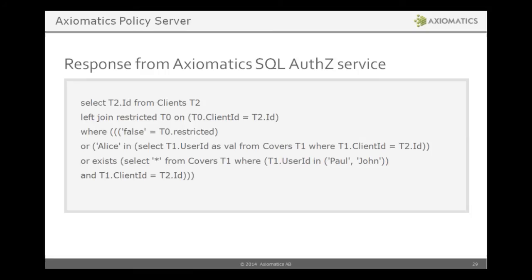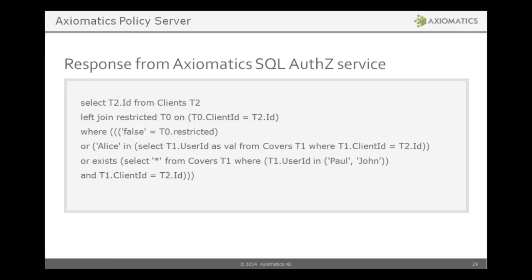And line number 5 says that the user ID is in Paul or John. So Paul and John are the subordinates of Alice. This is resolved by the PIP, the policy information point. There is a policy information point configured to give the list of subordinates for the given subject. So this is dynamically changed.